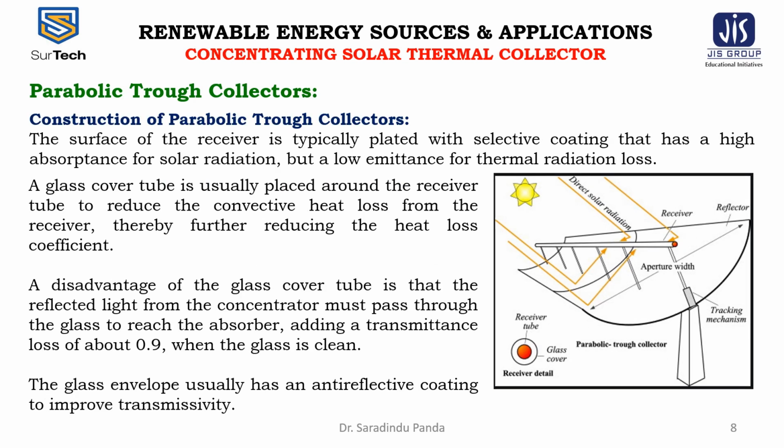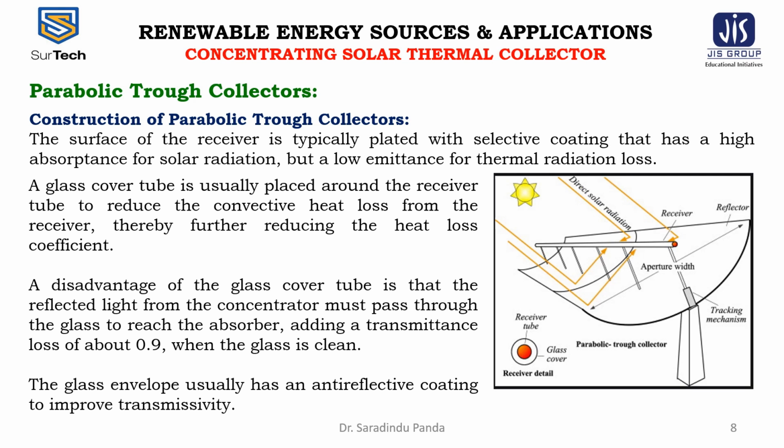The shape of the receiver is typically plated with the selective coating that has a high absorptance for the solar radiation but a low emittance for thermal radiation loss. A glass covered tube is usually placed around the receiver tube to reduce the convective heat loss from the receiver, thereby further reducing the heat loss coefficient.